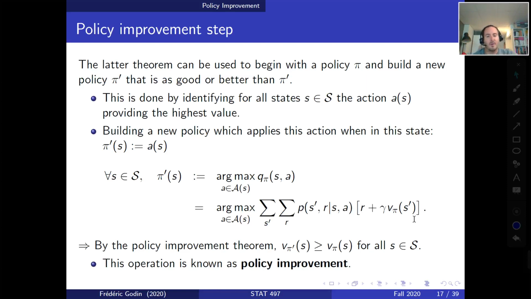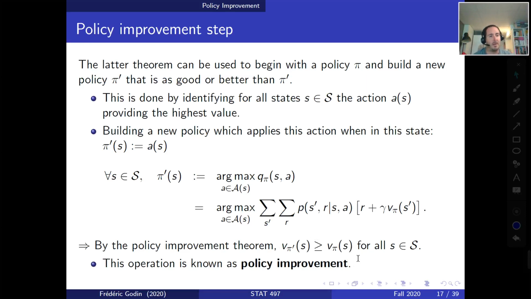And if we do that, it's guaranteed by the policy improvement theorem that our next policy will be at least equal, but maybe better than our current policy, because it has a higher value function for all states S.